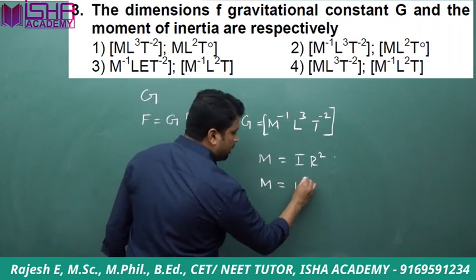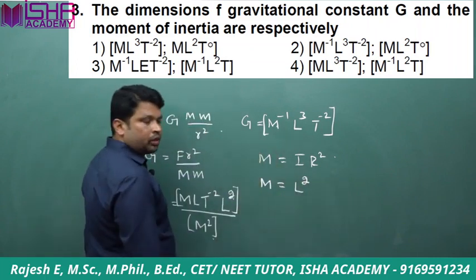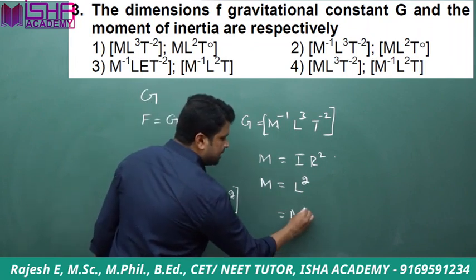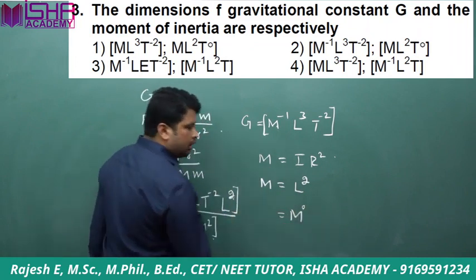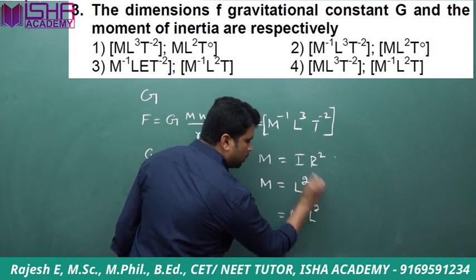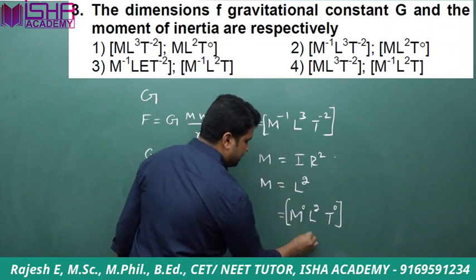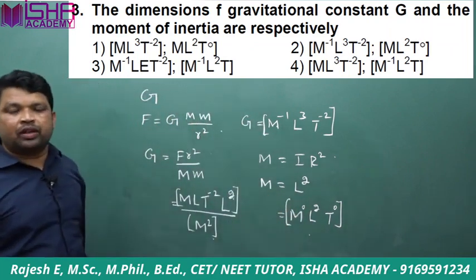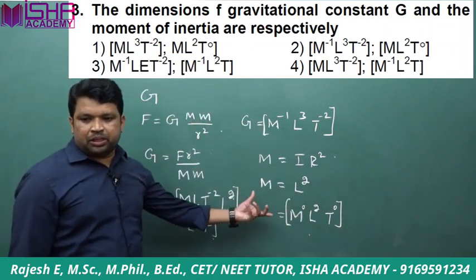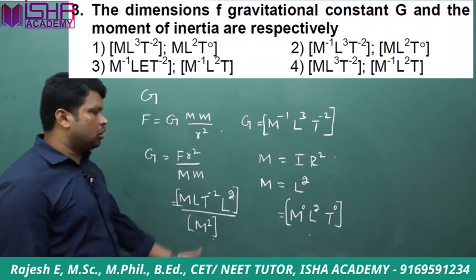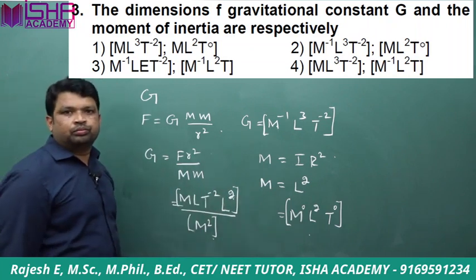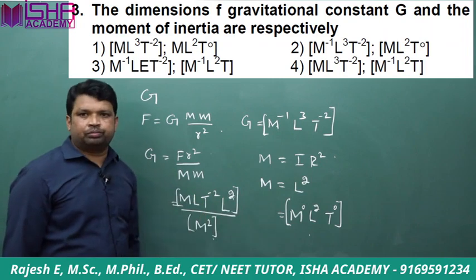So this will become L square. So the dimension of mass is 0, the dimension of length is 2, the dimension of time is 0. So this is the dimension of moment of inertia. So the option is 2.